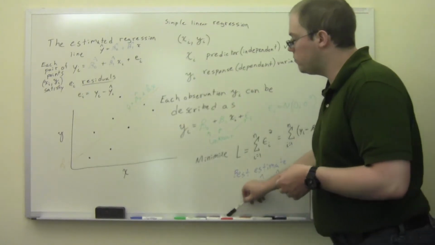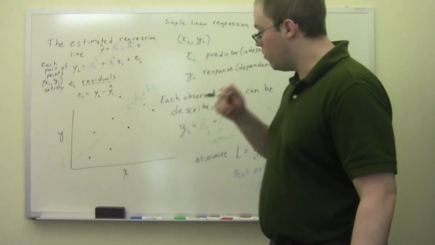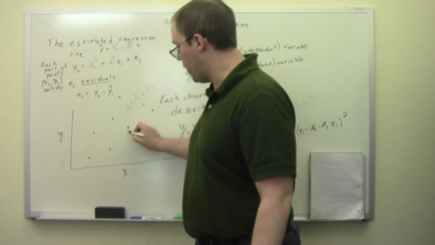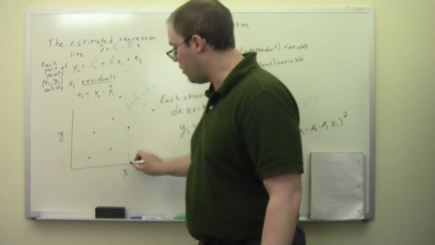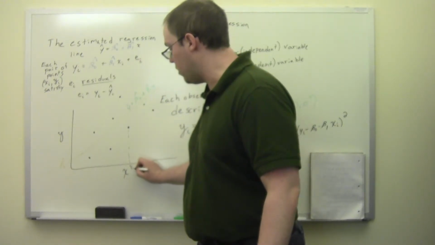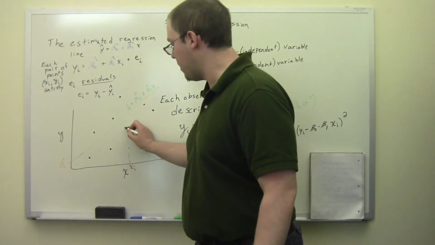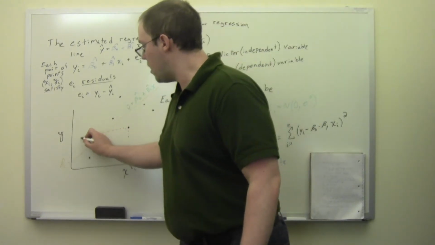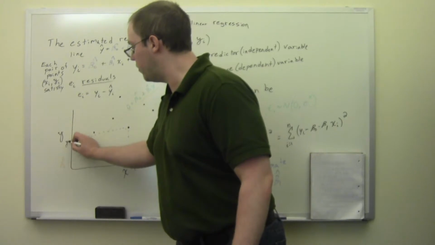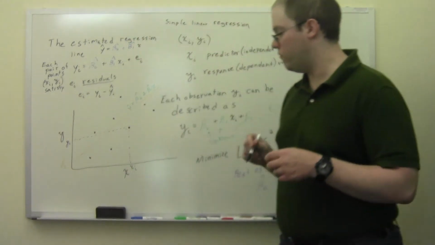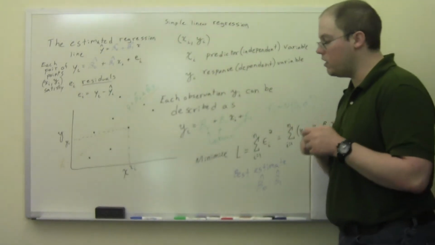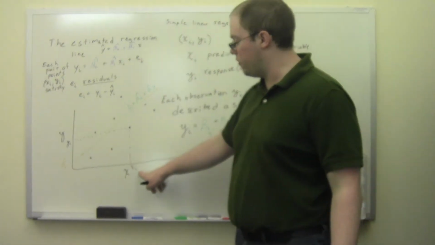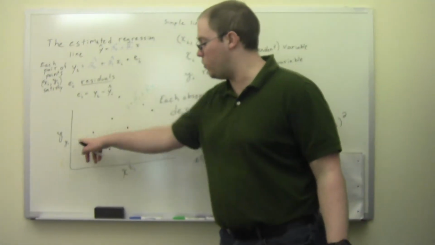Now let's consider one of these points. I'm going to call this specific point the xi, and I'm going to call this the yi. I'm just looking at a particular point and saying what is the value of the predictor, what is the value of the response.